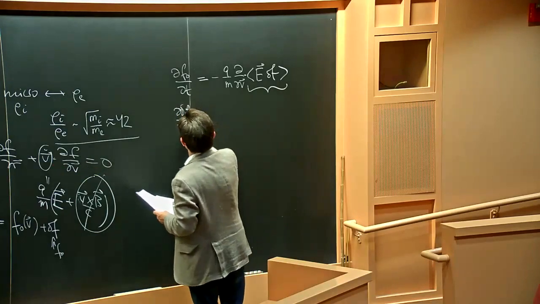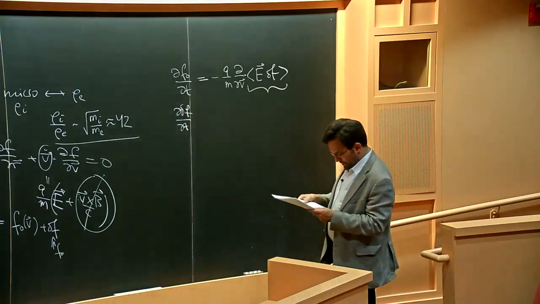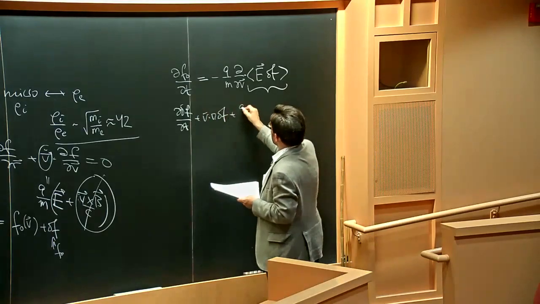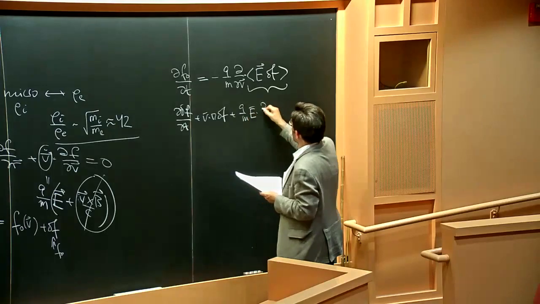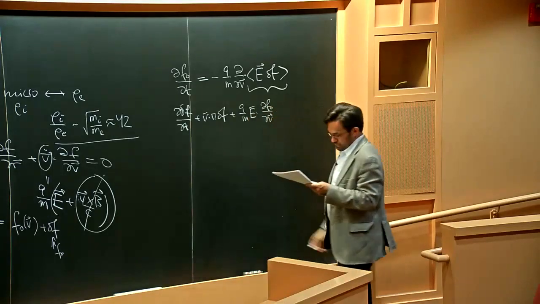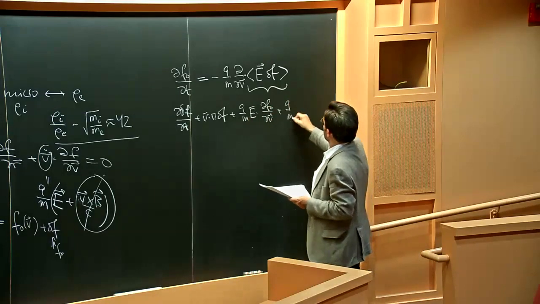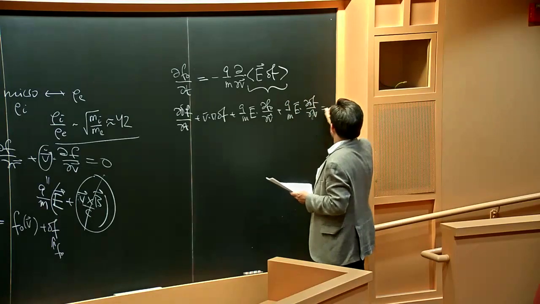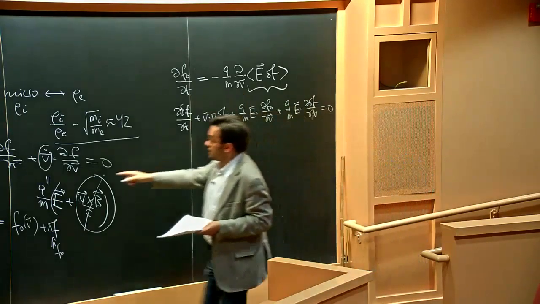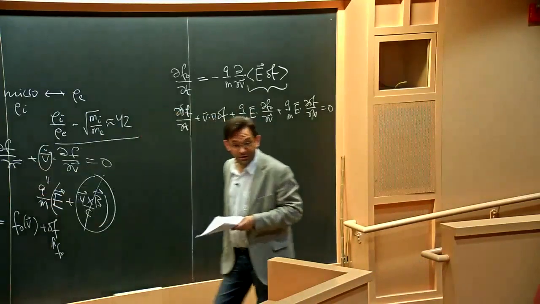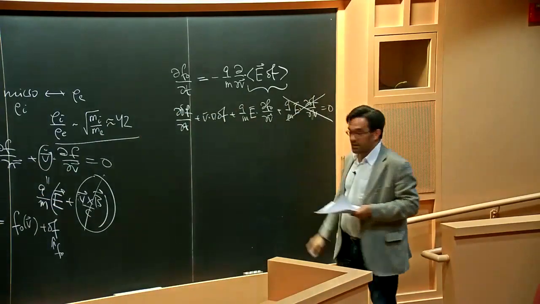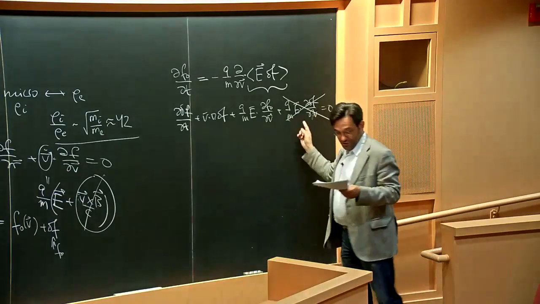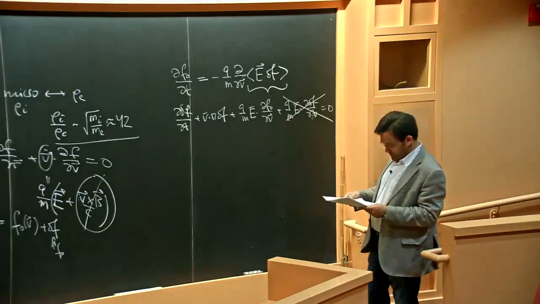This is going to be d delta F by dt plus v dot grad delta F plus q over m E dot dF naught by dv plus q over m E dot d delta F by dv, and this is 0. I've simply subtracted that equation from this equation. And I will quickly neglect the nonlinearity here at my peril. Obviously, interesting things involve not neglecting it, but again, I'll do the simplest possible calculation.